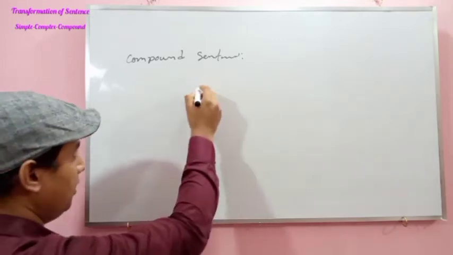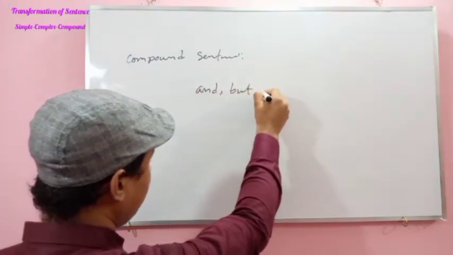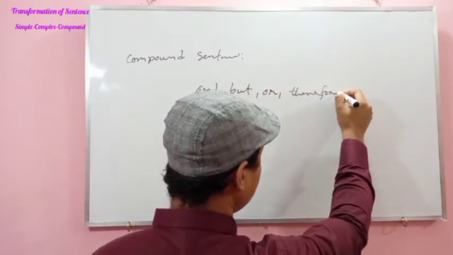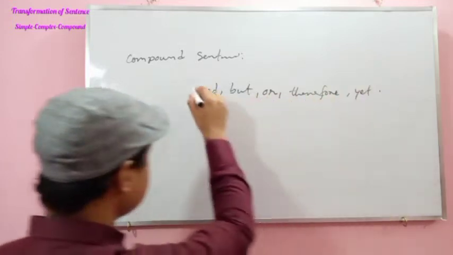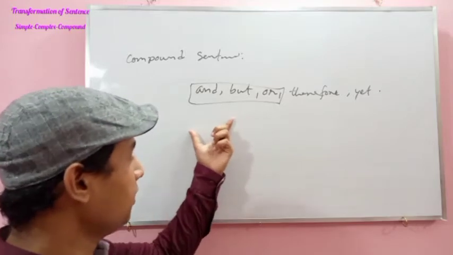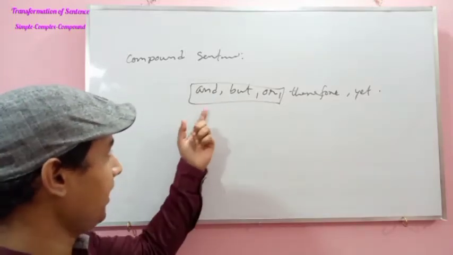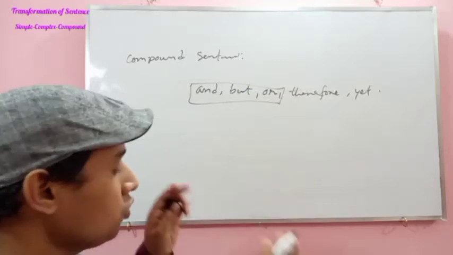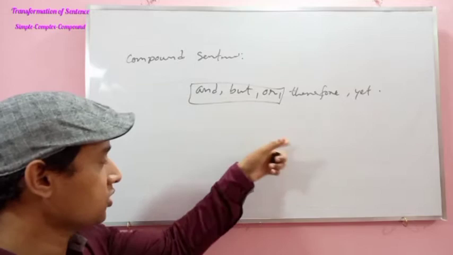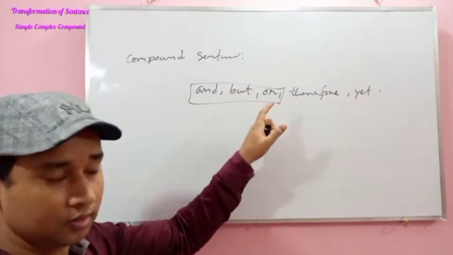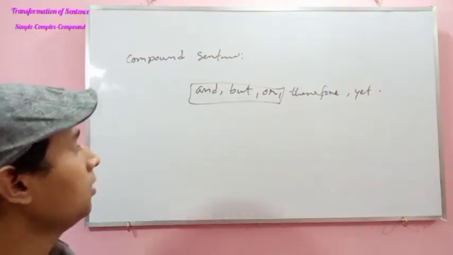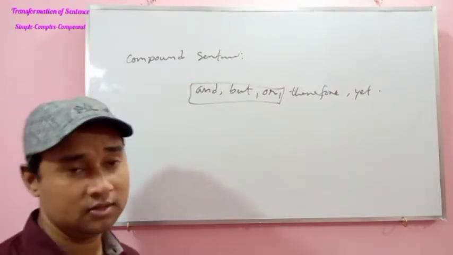The coordinating conjunctions are and, but, or, therefore, yet, etc. But these three are the most popular. So memorize these three conjunctions: and, but, or. When two clauses are joined with a coordinating conjunction, you will say that this sentence is called a compound sentence.